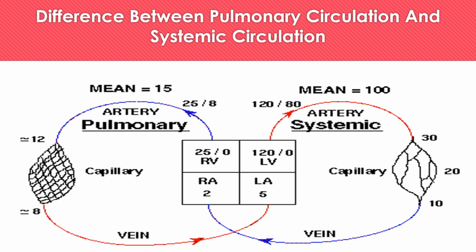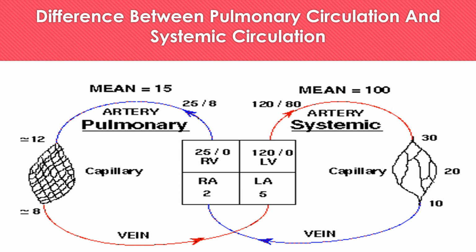So these are the major differences between the systemic and the pulmonary circulation.